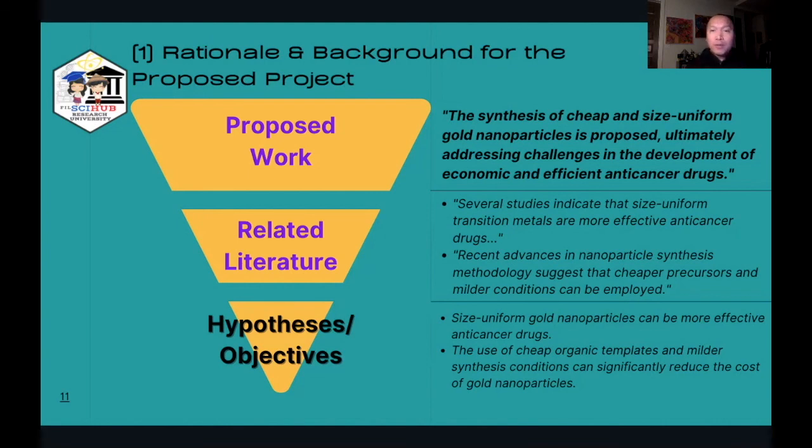So these are just examples. Again, 3 paragraphs is typically enough for the rationale. Obviously, I have only shown a couple of sentences just to give you an idea of the types of messages that we have to send across whenever we're writing up a rationale or a background for the proposed research project.